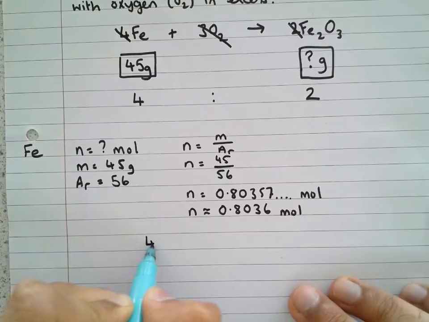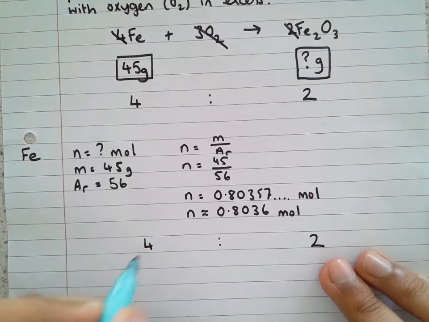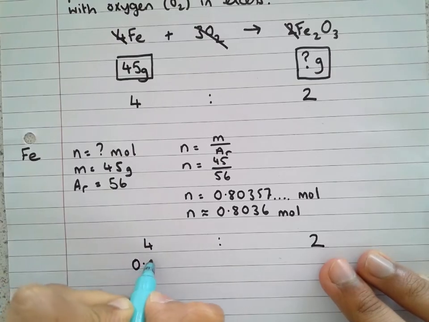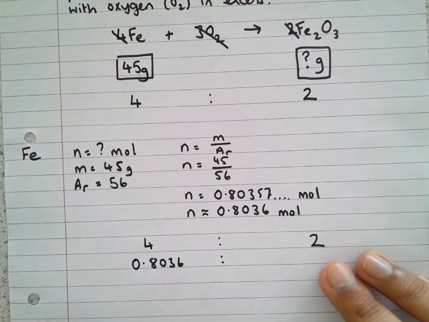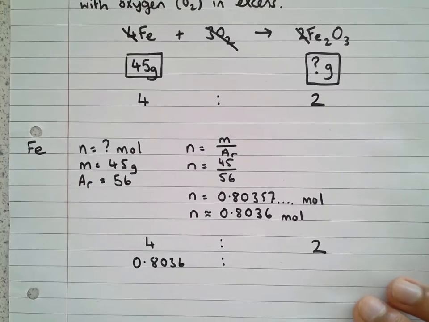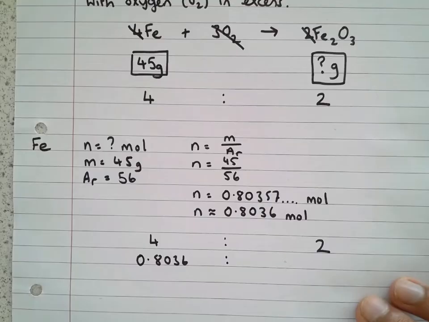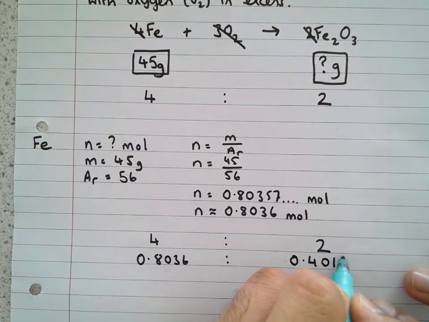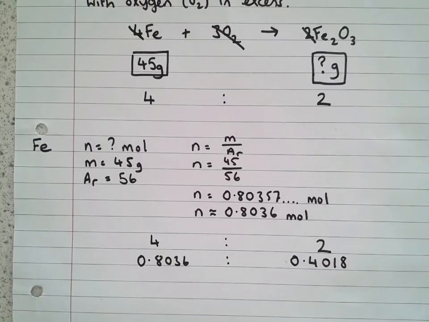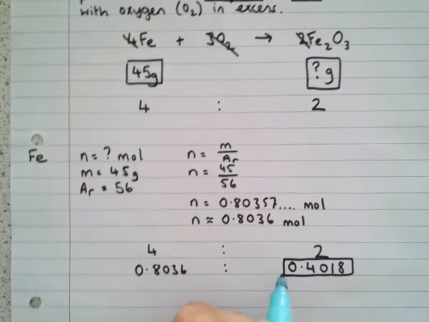So I'm going from 0.8036 to half of that, which is 0.4018 roughly.